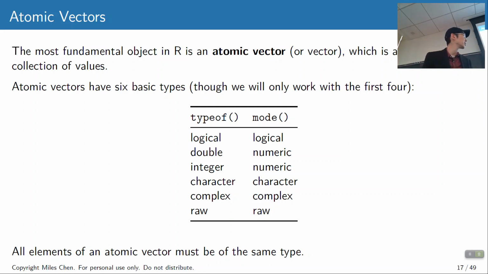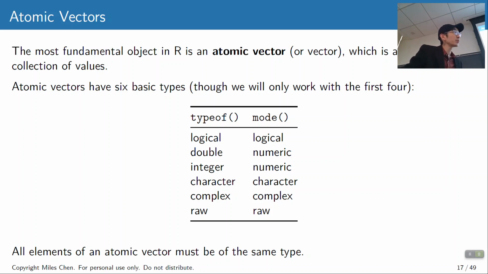There are 6 basic types for atomic vectors: the logical, the double, the integer, character, complex, and raw. We don't really interact with complex and raw too much in our day-to-day, but they do exist, and certainly they have their function. But most of the time, as far as atomic vectors go, we'll just be working with the logical, double, integer, and character.